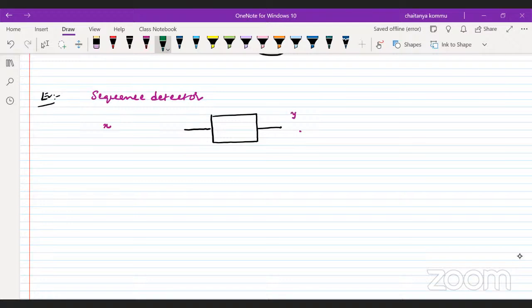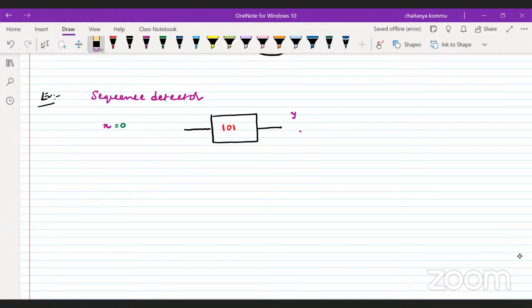I would like to detect, for example, a 1 0 1 sequence, so let us consider 3 bits.